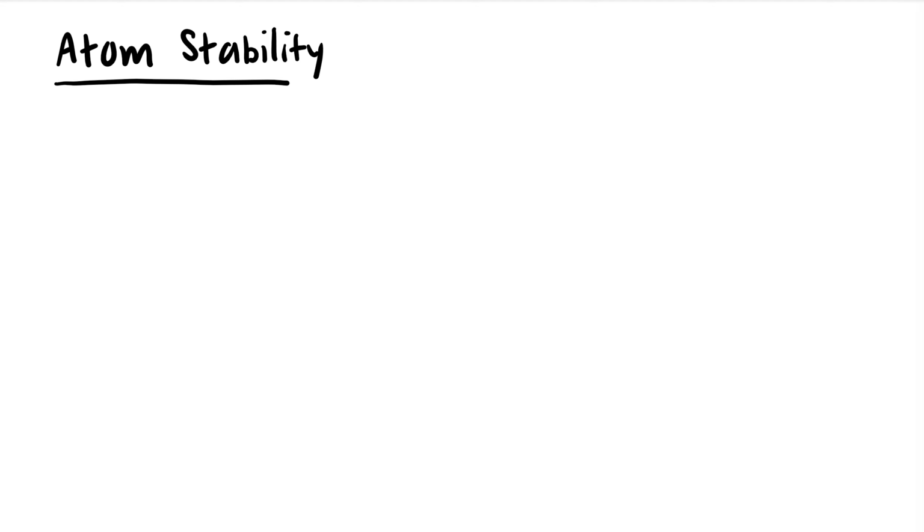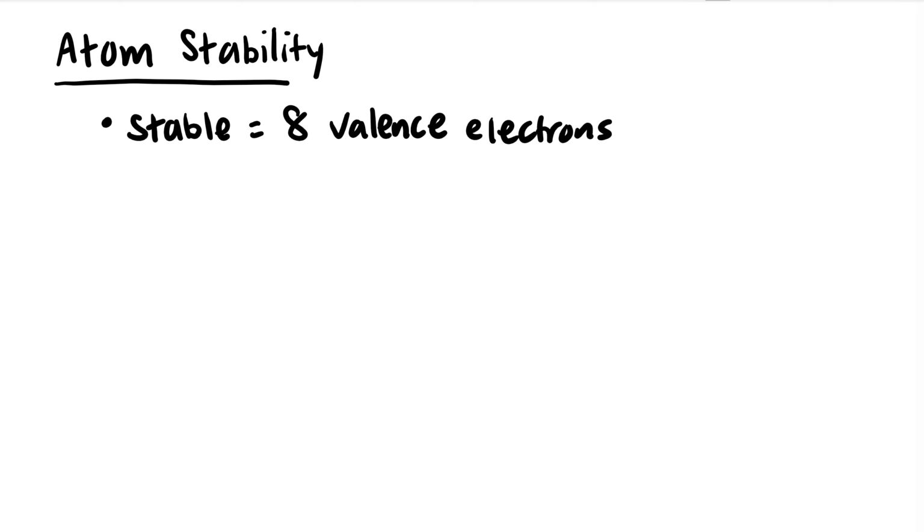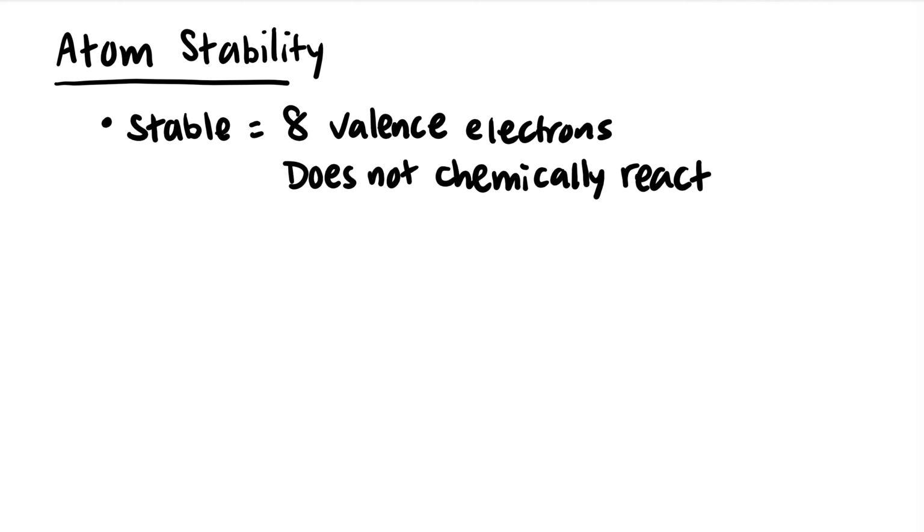So an atom with 8 valence electrons is going to be stable, which means that atom is not going to react chemically. Those things that do not react chemically, we call inert substances.